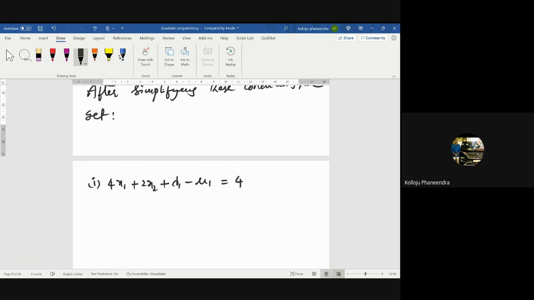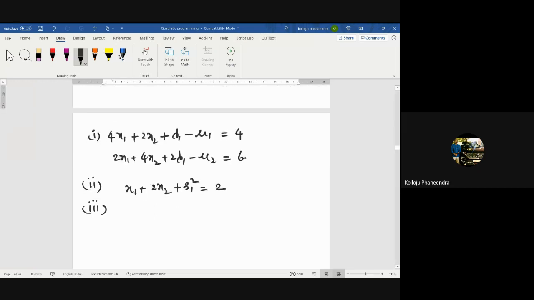Next one is 2x1 plus 4x2, taking minus common, plus 2 lambda 1 minus mu2 equal to 6. Next, the second condition, the constraint part: x1 plus 2x2 plus s1 square equal to 2.